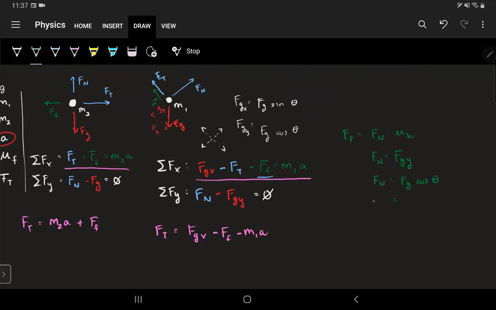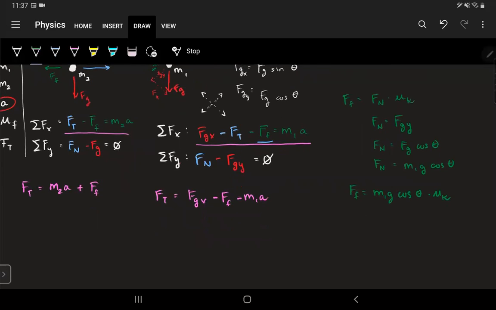So that means that f of n, in this case, is equal to m1g cosine theta. So we have f of f equals m1g cosine theta times mu k. Let's sub that in. Ft equals fgx minus m1g cosine theta mu k minus m1a.